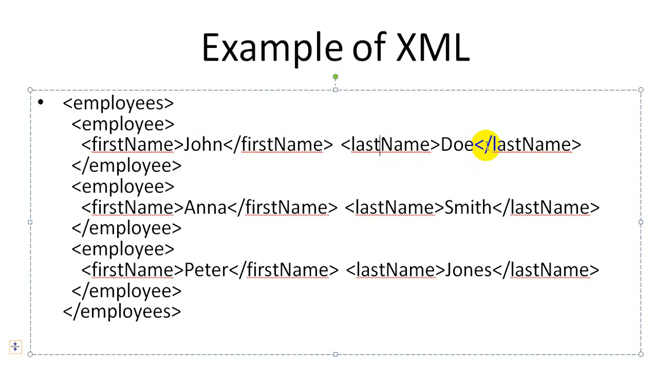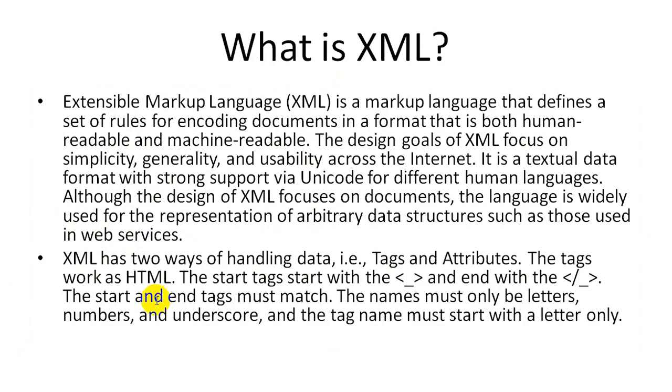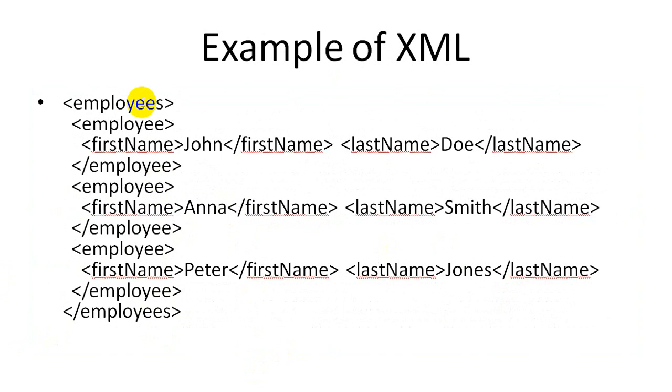Then last name, and you open the tag and close it. So John Doe is one person, one object, and then employee again, you open and close, and in between you write the name, with first name open and close tag.